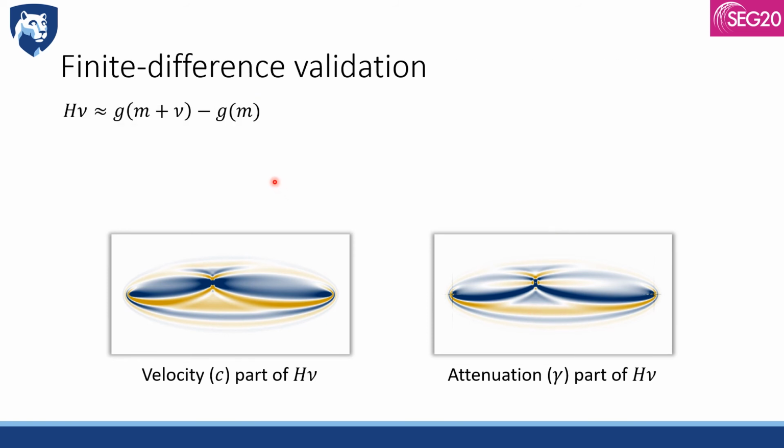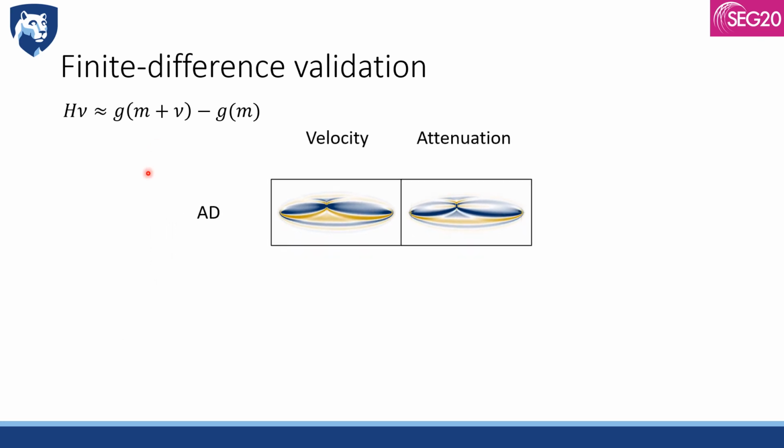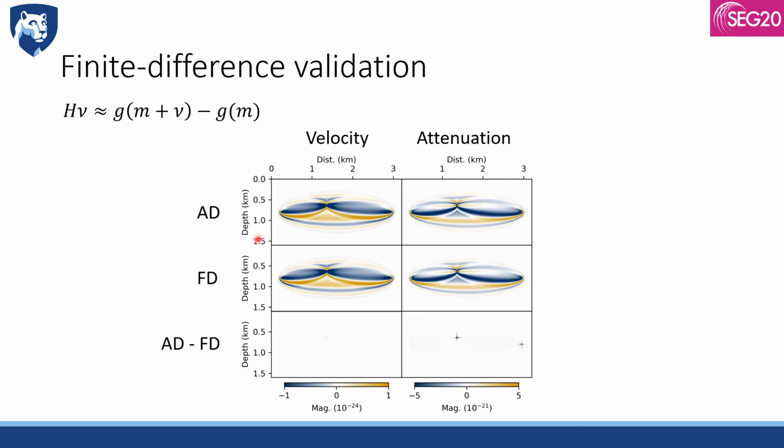We validate our result using the finite-difference method. As we know, H nu can be approximated by a gradient difference between the perturbed model m plus nu and the original model m, as long as the perturbation nu is sufficiently small. So we compute H nu using the second-order adjoint state method, the AD, as we just described, and we compare with the finite difference results, the FD, shown in the second row.